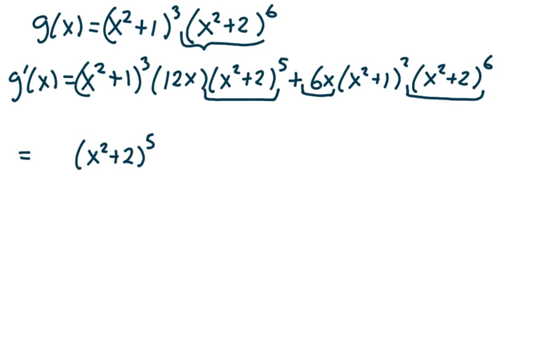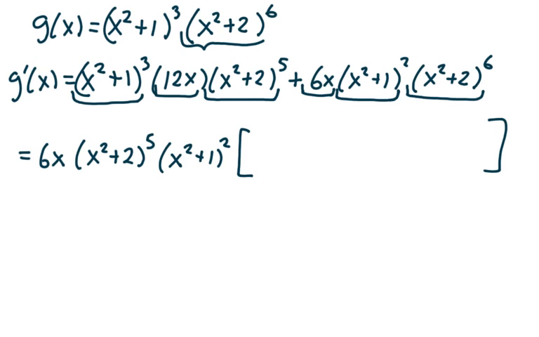Between 6x and 12x, I'm going to factor out a 6x. Between x squared plus 1 to the second and x squared plus 1 to the third, notice that 2 is less than 3. And so I'm going to factor out x squared plus 1 to the second power.